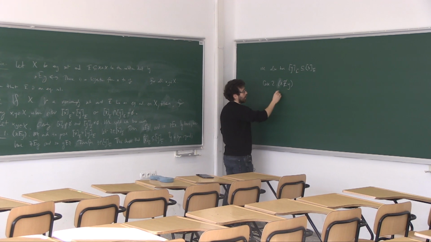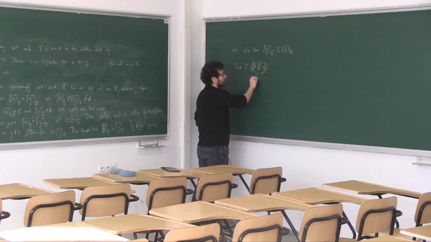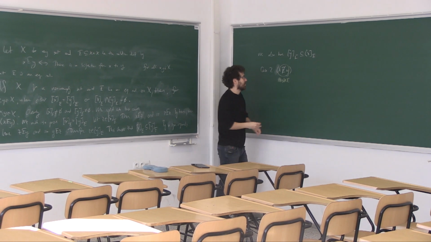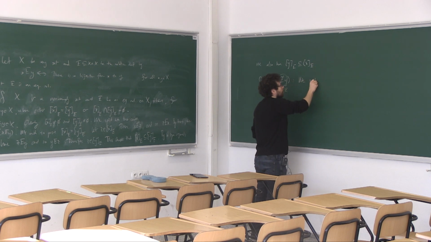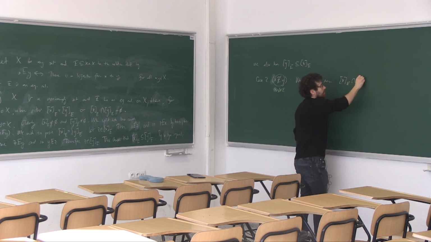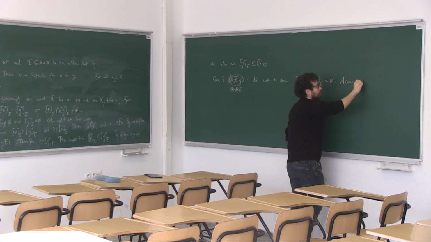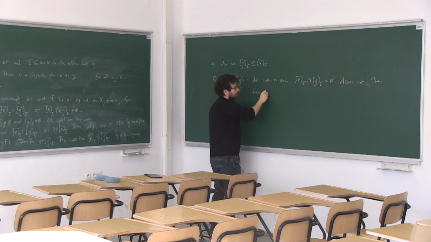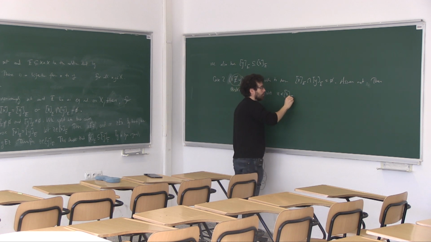Now, case 2, x is not related to y. This is a shorthand for the ordered pair xy is not in E. Anyway, we wish to show that these equivalence classes are disjoint. Assume not. If these are not disjoint, then there exists some element which is in the intersection.